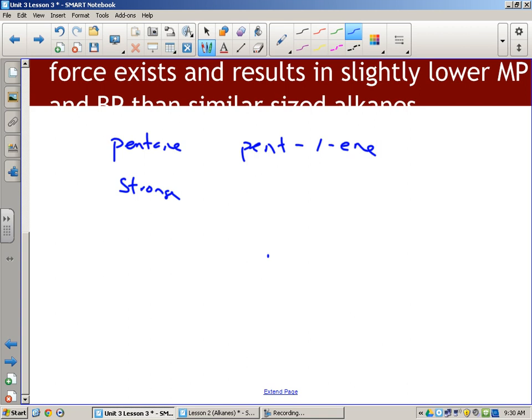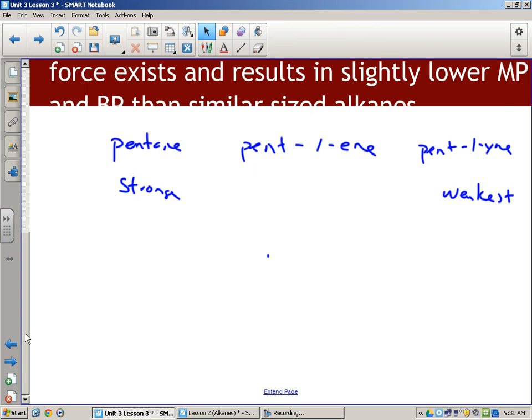And let's say I'll do another one here, pent-1-yne. This would be the weakest one. So similarly sized alkanes versus alkenes, that tends to be the pattern that you see. I'm sure there are probably some exceptions, but that's generally the pattern that you would see.